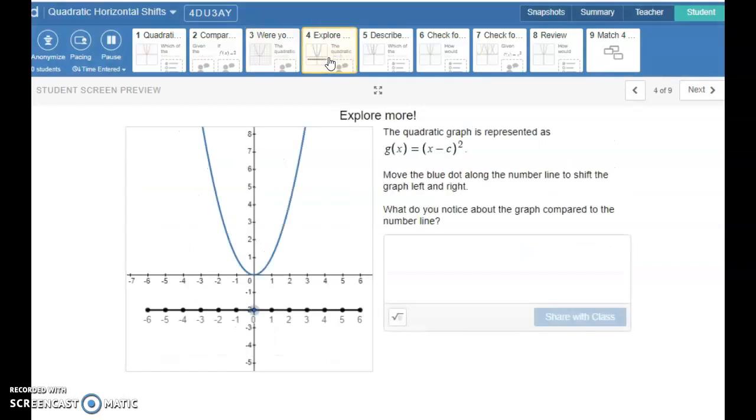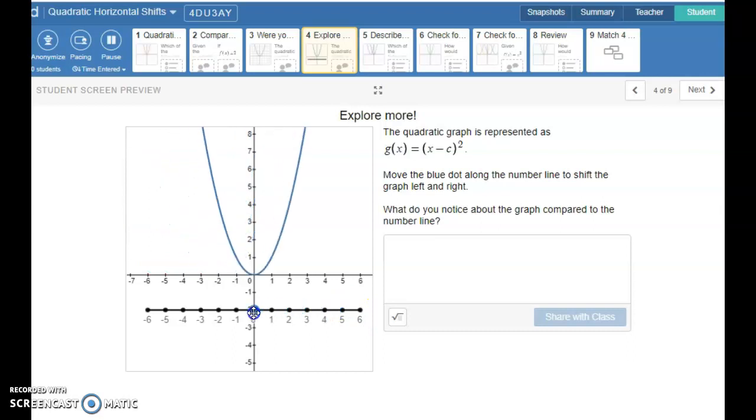Okay, slide number 4. Let's see. It says the quadratic graph is represented as this. So if this is my C and I move it, what's happening as the numbers get bigger? Right? If my numbers go to the positive side, my graph goes to the negative side.